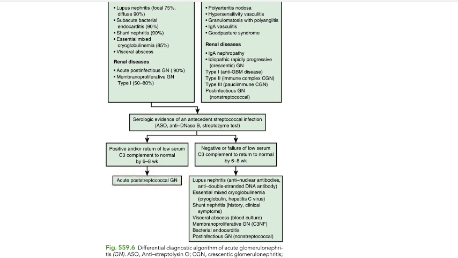If the serological evidence is negative, or the low serum C3 fails to return to normal by 6 to 8 weeks, then the diagnosis will be other conditions of decreased C3, like lupus nephritis, essential mixed cryoglobulinemia, shunt nephritis, visceral abscess, bacterial endocarditis, and non-streptococcal post-infectious GN.